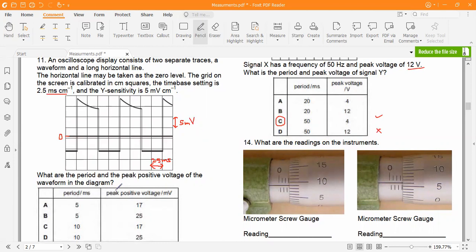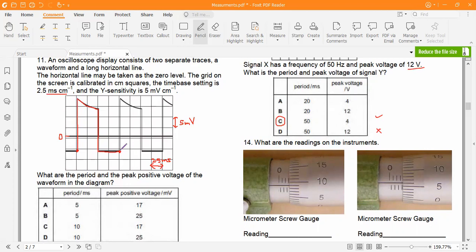Now they want us to find the period and the peak voltage. First, to find the period, one way is to start from over here, go along this wave, and come to this point. This is one complete wave. After that, it is repeating again.